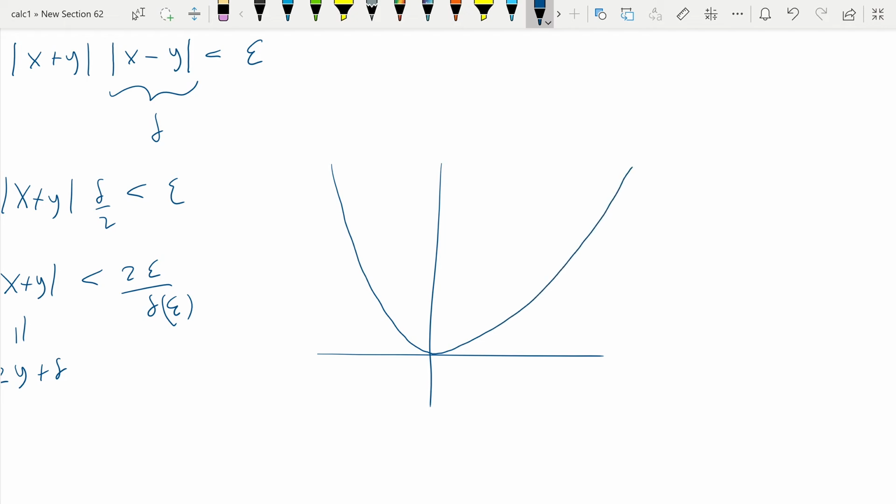For continuity at a point, this is the point A, say, and this is f of a, or g of a in this case.